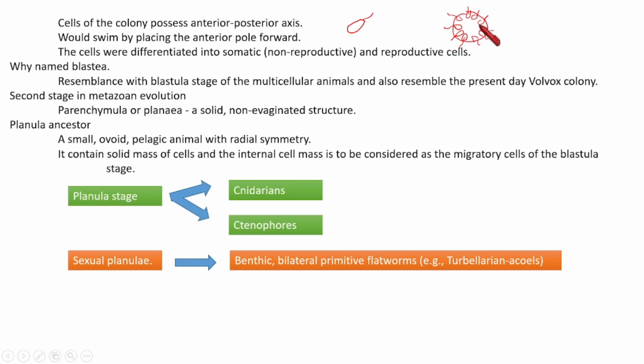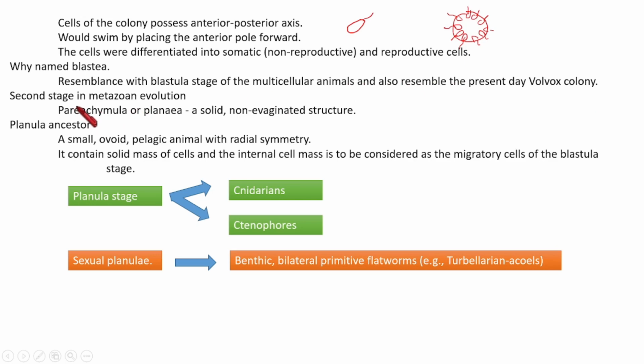Then why is it named Blastaea? I already told you, because of its resemblance to the blastula stage during the embryonic development of multicellular animals. That type of colonial arrangement we can also see in Volvox colonies.